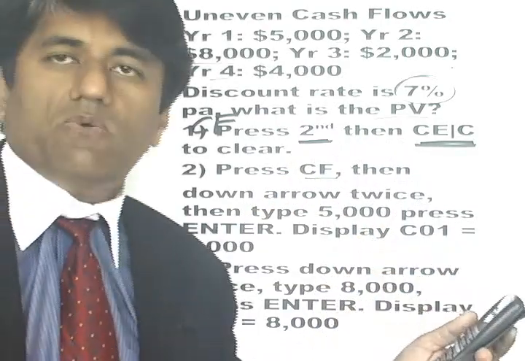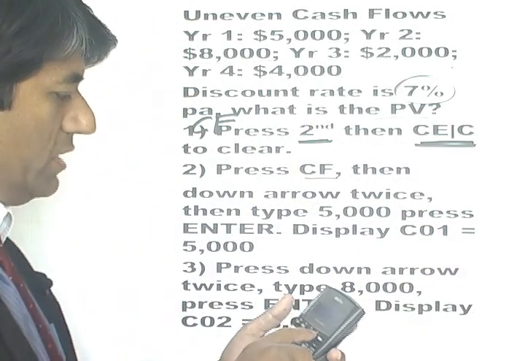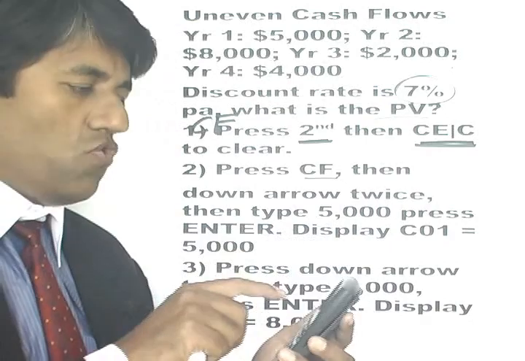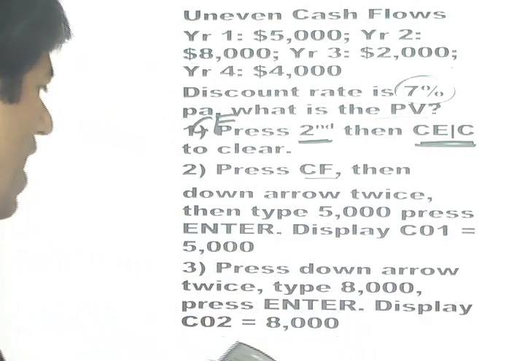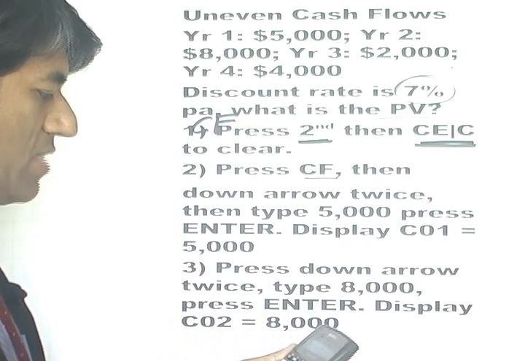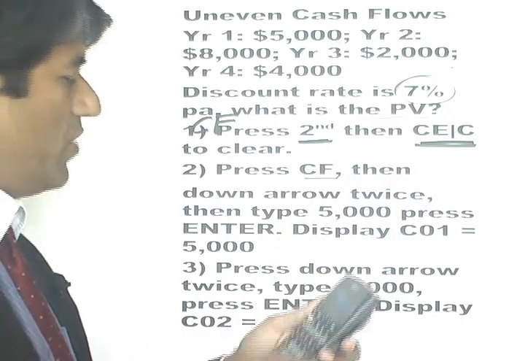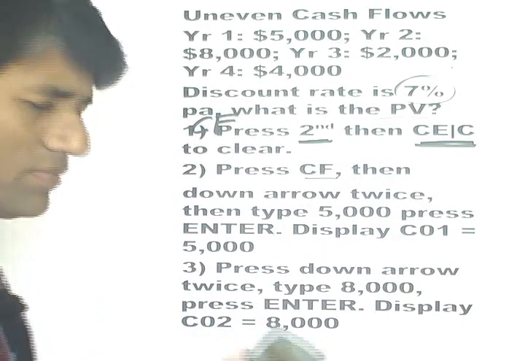It should display C01 equal to 5,000. Then you press the down arrow twice till you get to C02, type 8,000, and again hit enter. So you get C02 equal to 8,000.